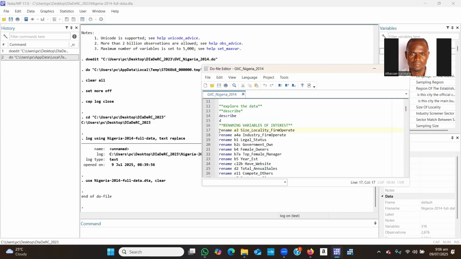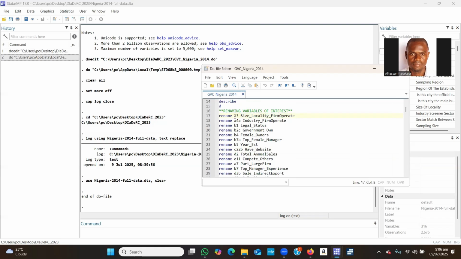In our previous video, we made mention that these are the variables we want to use. And in renaming the variables, you either rename them one after the other, or you have a bulk rename. So for my first variable, which I'll type as rename, you bring the variable name in the original data set, then you name it the way you want to easily identify the variable when you are doing your analysis.